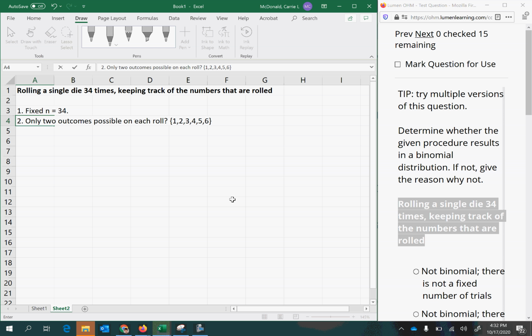So that would mean the answer to this requirement is no. There are 6 possible outcomes. So that means this is not a binomial distribution.